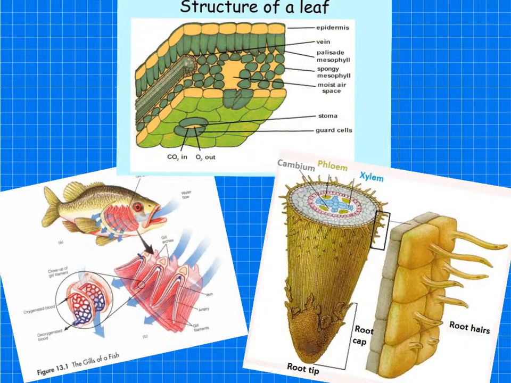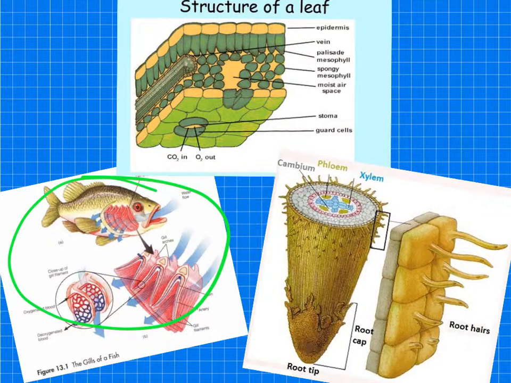So far we've mentioned the small intestine and the lungs, and also in your studies you'll need to know that gills in the fish have a massive surface area and thin membranes. They don't ventilate. Water flows past the gills that are oxygen rich, so it maintains a concentration gradient.